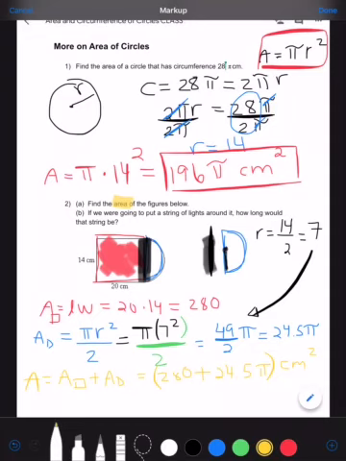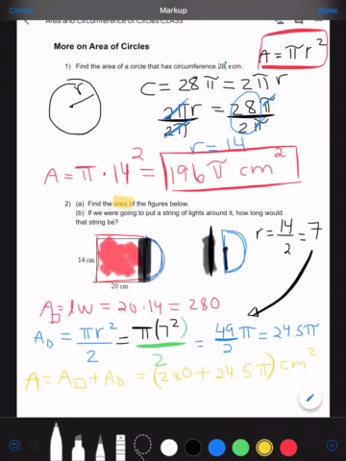Okay, I am going to give you a chance now to work on exercise B. On this exercise B, you're going to find how much string you need to put around this. When we talk about string, when we talk about what is around this, we know that we mean the circumference or the perimeter of the figure.